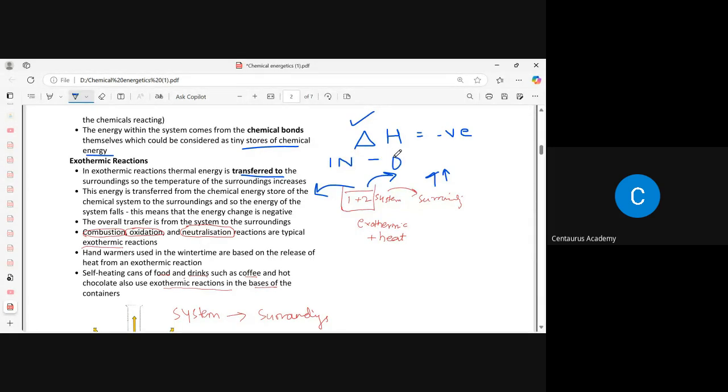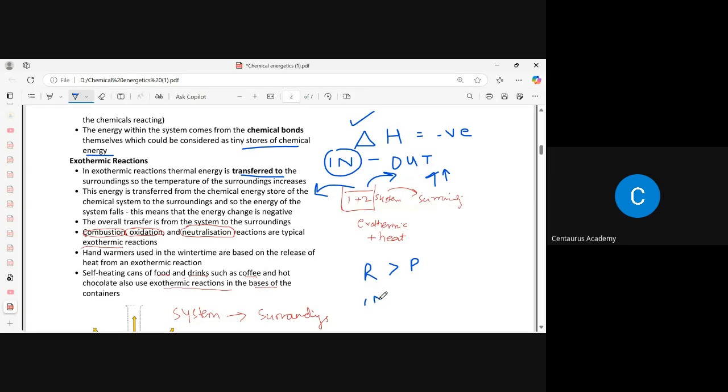Supposing the reactants already possess some amount of energy, and only a minimal amount of energy is required, so less energy is taken in by the reactants. And when they produce new products, they are going to release a maximum amount of heat energy, which means that the energy which is taken in is less as compared to the energy which is given out.